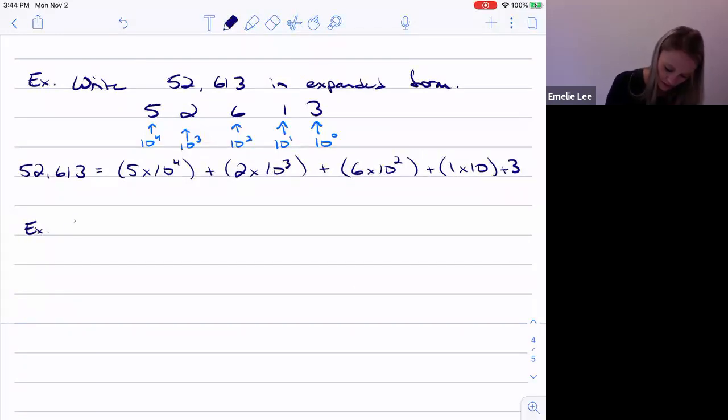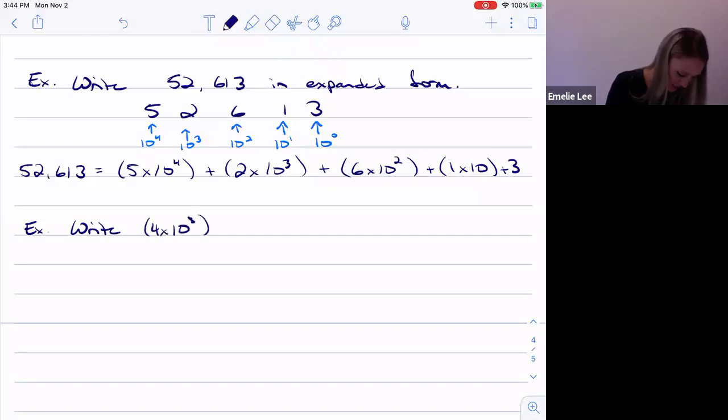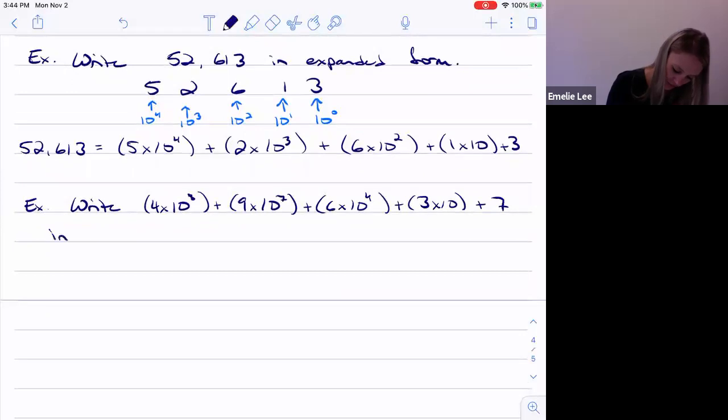What if I wanted you to write, so now I'll give you something in expanded form and you're going to write it as a number. So write 4 times 10 to the 8 plus 9 times 10 to the 7 plus 6 times 10 to the 4 plus 3 times 10 plus 7 in decimal form.